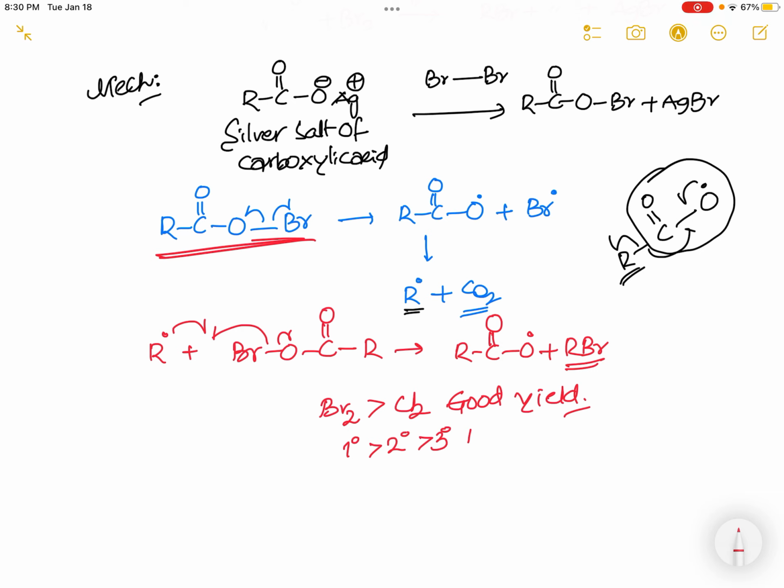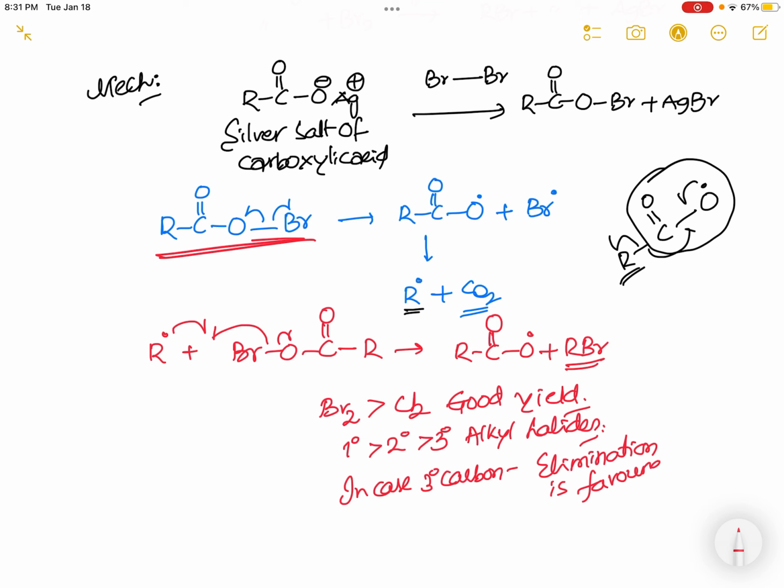Because if you want to go for primary, there is no problem. If you want to go for tertiary, elimination is favored. I will give you that reaction also now.